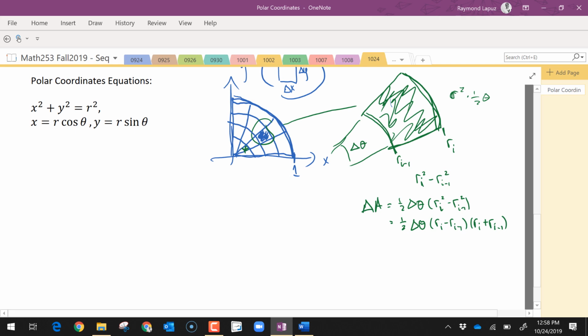What now? r sub i minus r sub i minus 1. This is just the difference of the r's, right? So now we have this thing left to worry about.